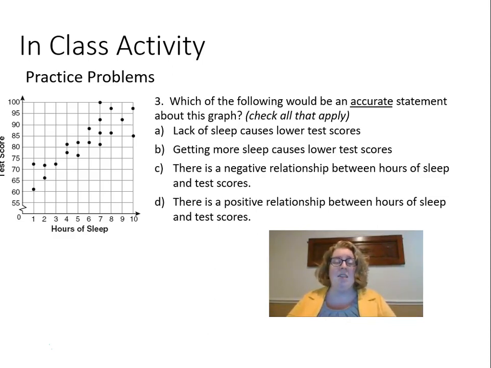It could be that people who get more sleep also have a higher socioeconomic status, and it's really the socioeconomic status that's more important, right? Or that people who get more sleep also have tutors in their house, and that's why they did better, right? So we don't know that getting more sleep is the factor, right? All we know is that those two things are correlated with each other. There's a relationship there, right? And in this graph, we can see that it's a positive correlation.